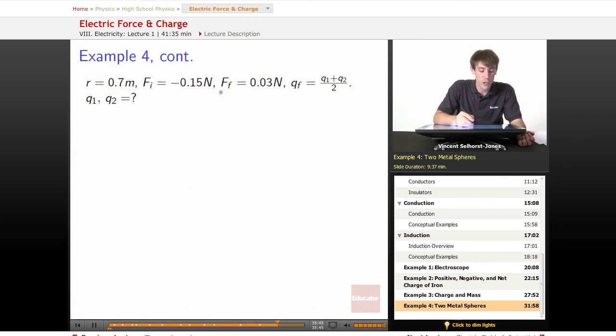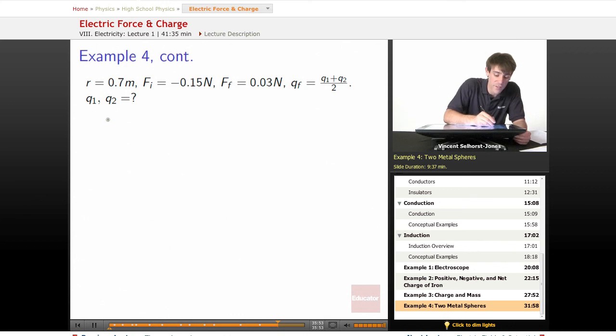All right, so if we've got this, then we can figure out QF now, because force final is 0.03, a positive force because it's repulsive, equals Q final times Q final, right? Because it's Q final on both of them, divided by that distance squared.